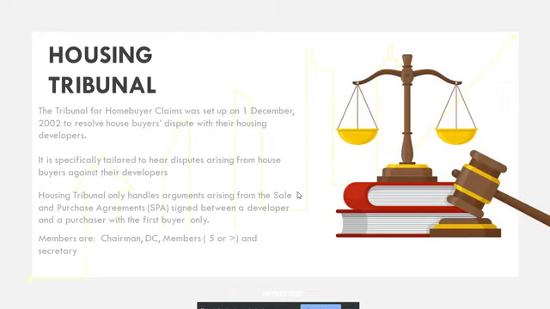So dia hanyalah handle argument arising from the sale purchase agreement saja. And as I said before, tribunal was set up to hear simple dispute between purchaser and the developer, which tak payah lawyer pun, unless the claim melibatkan complex issue lah.